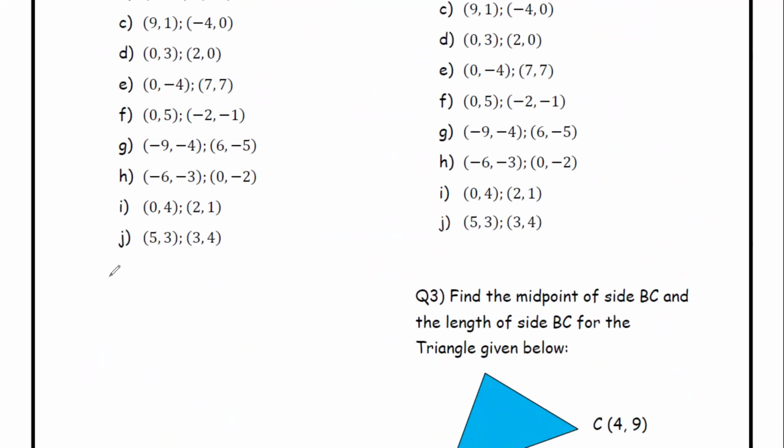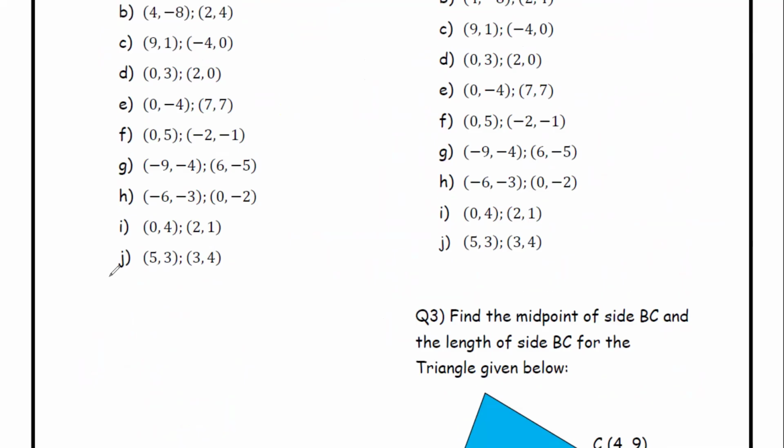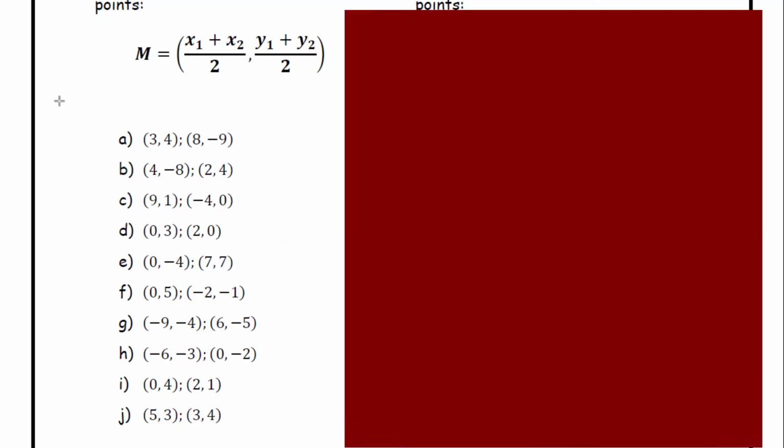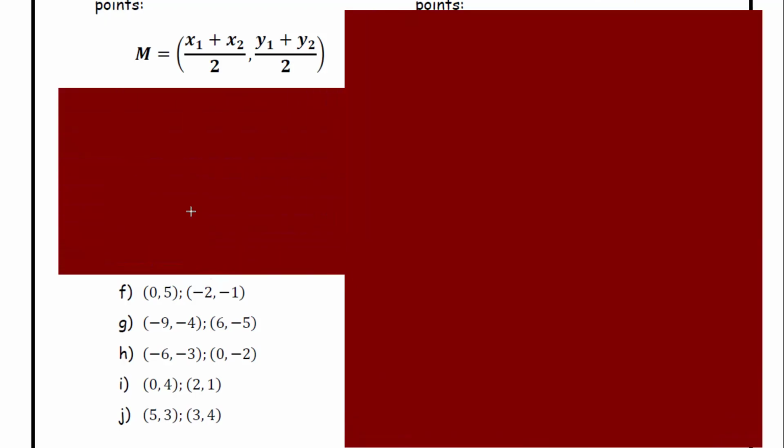F, G, H, I, J. Let me see if I can bring in the midpoint formula. So we start with F. It is 0, negative 2, divide by 2, 5, negative 1, divide by 2. So that's negative 2 over 2 and 4 over 2. So I got negative 1 and 2.